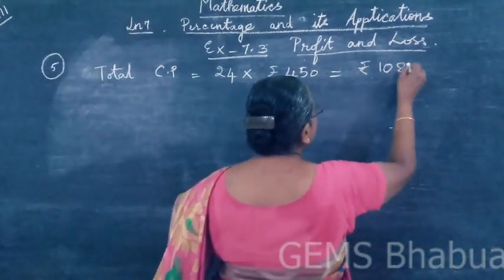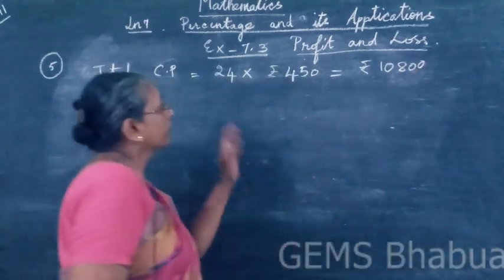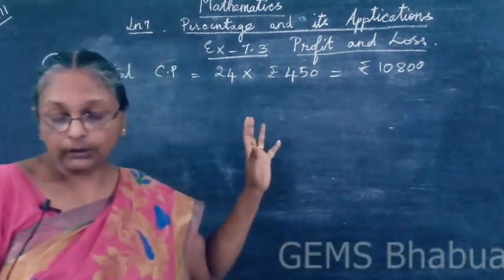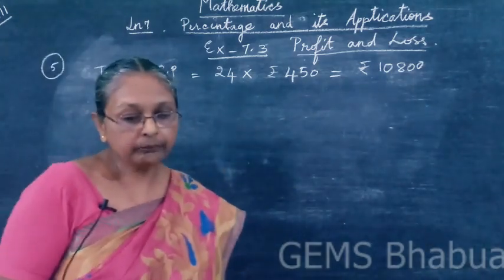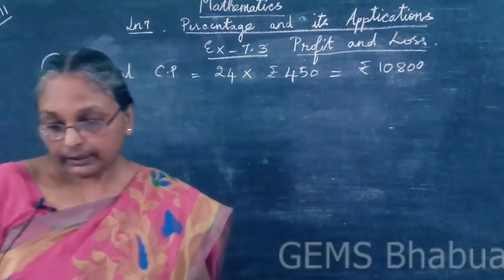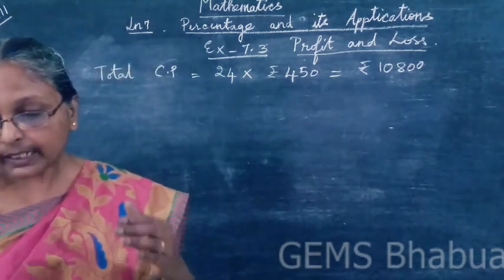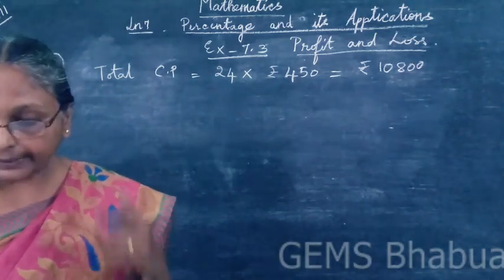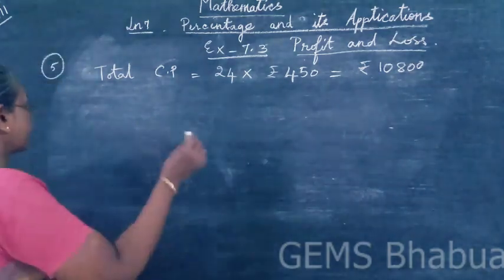You can multiply it and see. So it is 10,800. That is the total cost price of all the 24 tables. Now, the other information that is given is they are selling 16 tables at the rate of 600 rupees per table.